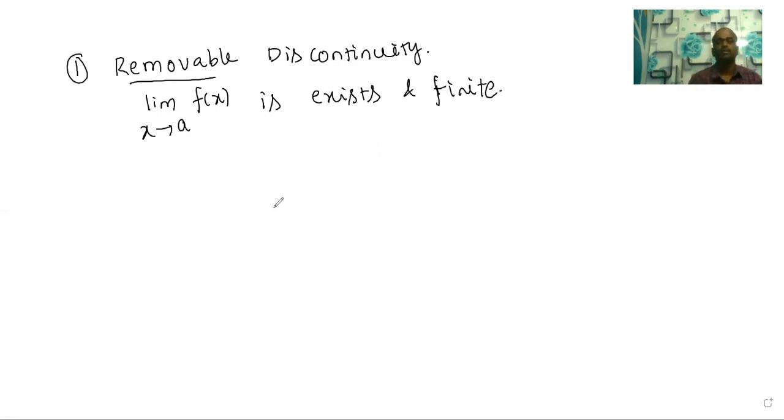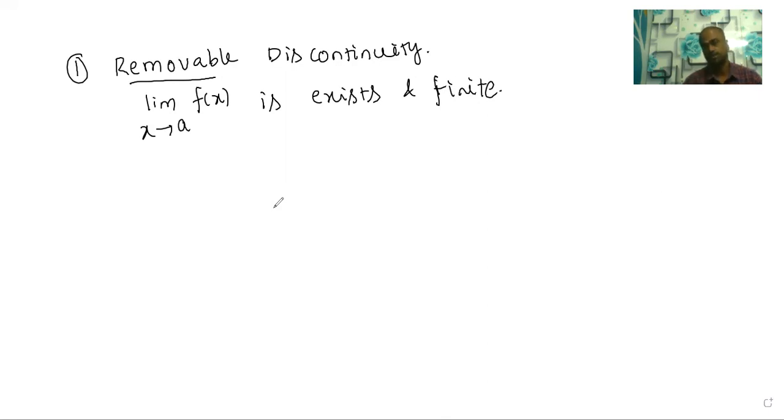After redefining, that discontinuity will be removed. So that's why this type is called removable discontinuity.